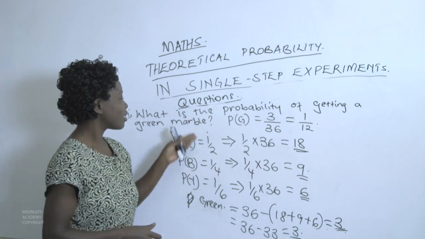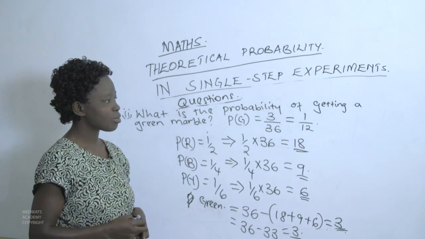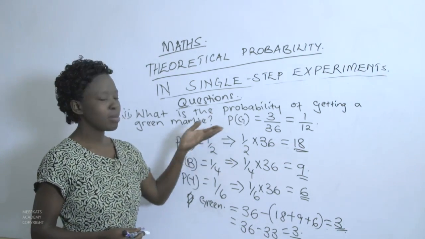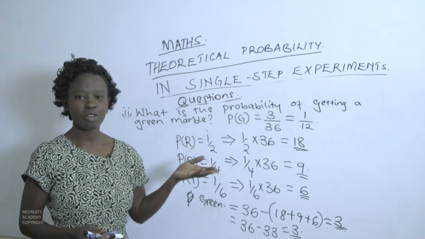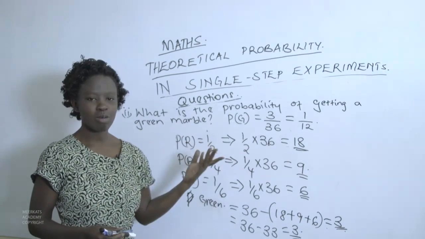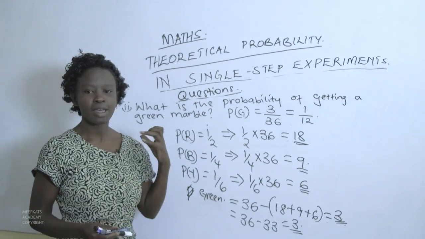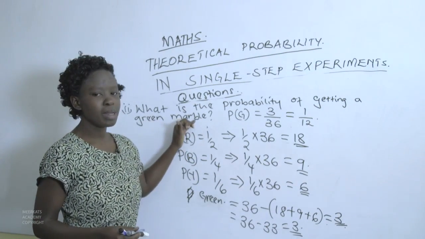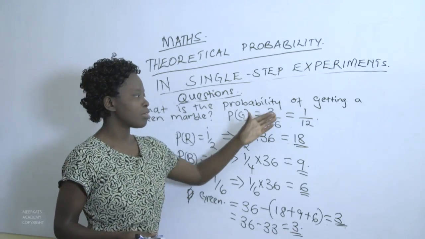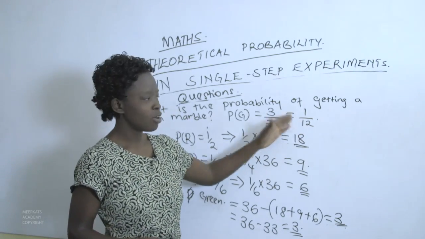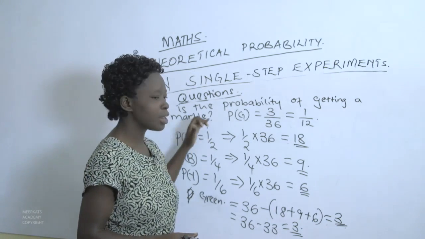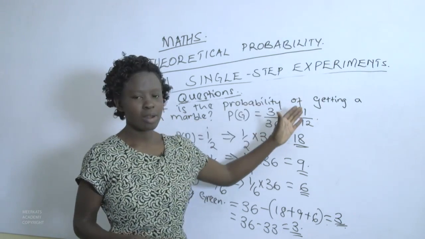So the last part of this question is we are asking ourselves, does the probability of getting a green marble depend on the total number of marbles we have? And the answer is no. Because when we are having 36 marbles, the probability of getting the green marble is still 1 over 12. When we are having 24 marbles, the probability of getting a green marble was still 1 over 12.